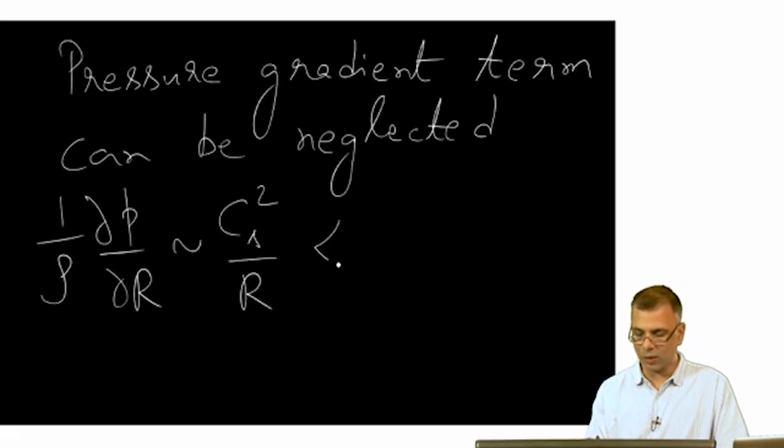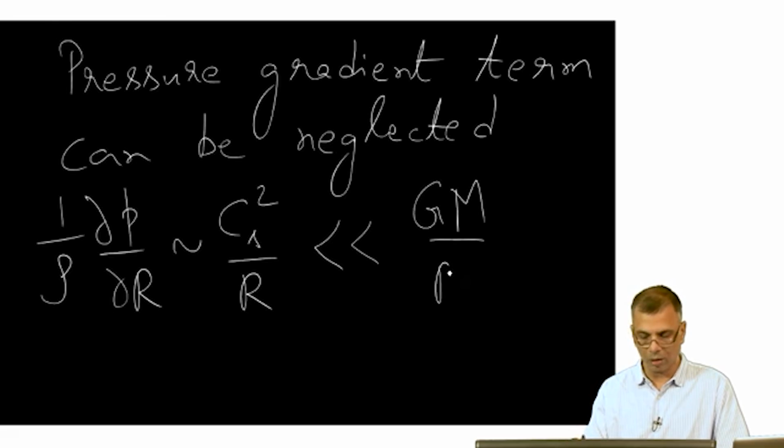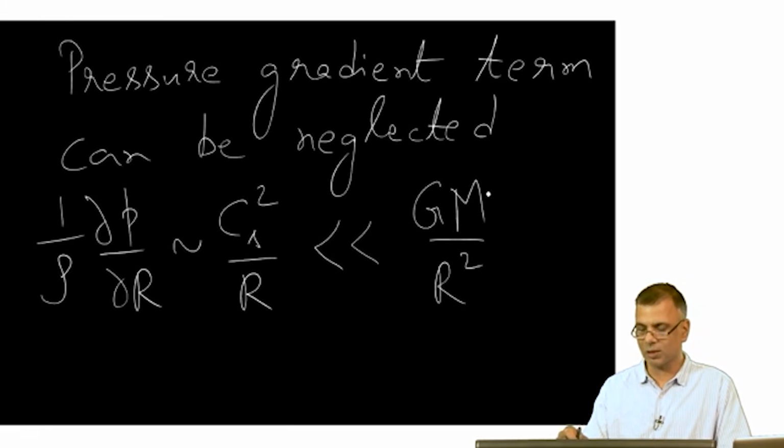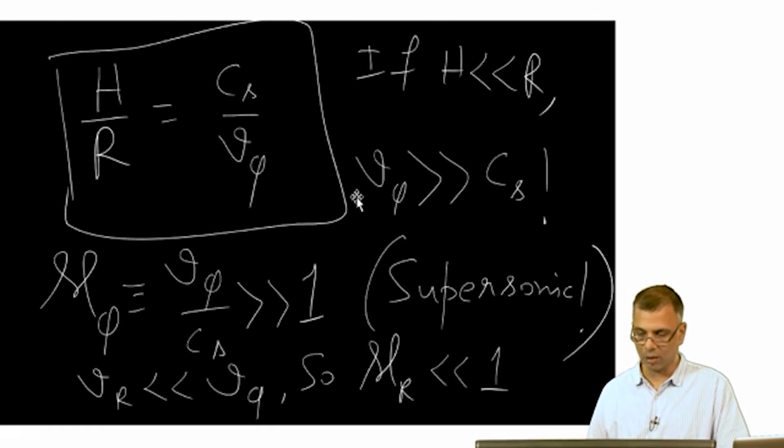Okay, and this we know is much smaller than GM over r squared, because GM over r would be v phi squared. Okay, so this would be essentially v phi. So this becomes GM over r squared. This follows from this fact.